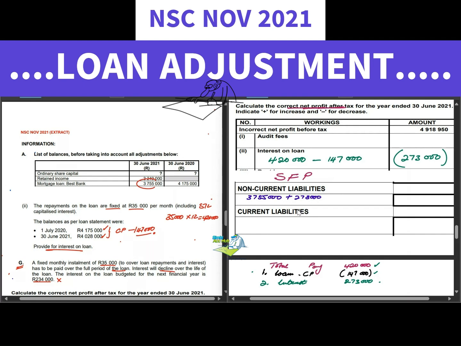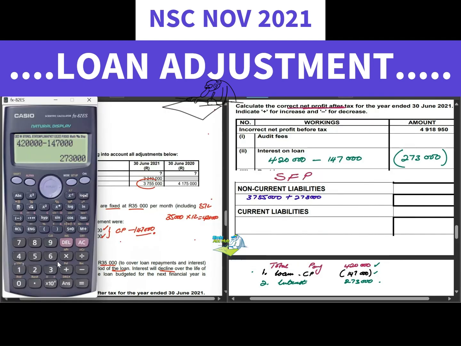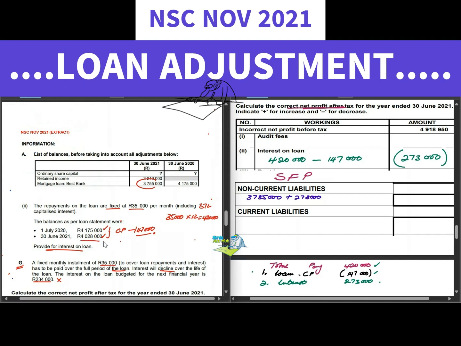If you do that, it will give you the amount we're given here, which is 4,028,000, per the statement, because on the statement interest would have been provided for already.